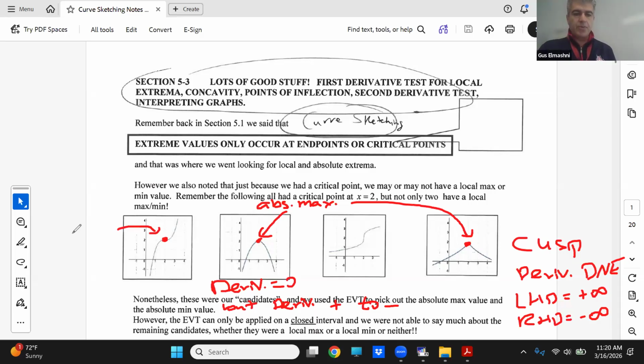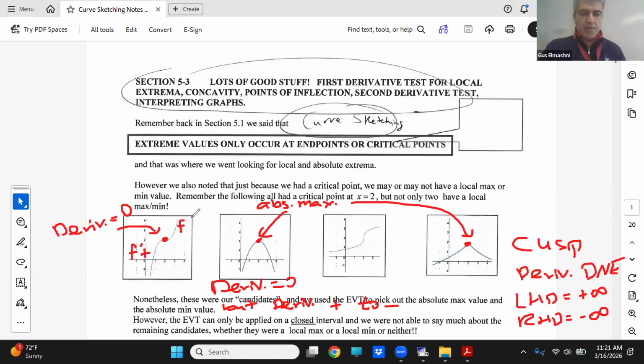Here, the derivative definitely equals 0, right? But does the derivative change sign at all? No, right? There's zero sign change because it just keeps rising, right? So here, f prime is positive.